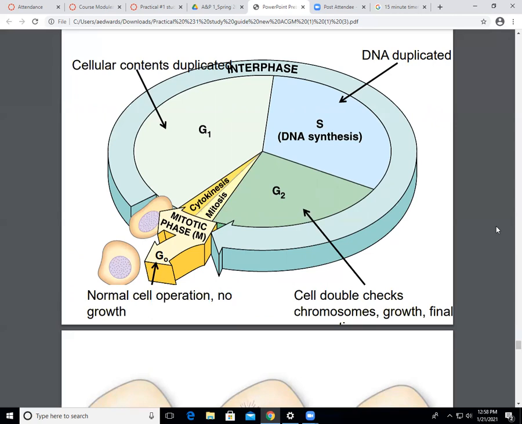Okay, it's basically like abort mission, right? We're going to say, yeah, this one is not one you want to replicate. You don't want to make a copy of the cell, or you don't want to make a new cell because it's going to have bad DNA in it. Okay, so it just goes back to normal cell operation. But if it's good, you go into mitotic phase. And so then you have mitosis and cytokinesis.